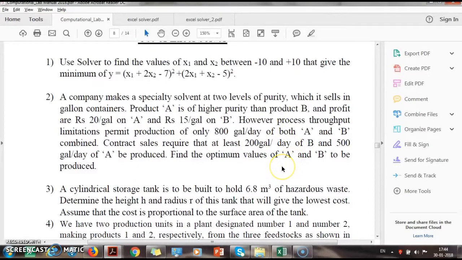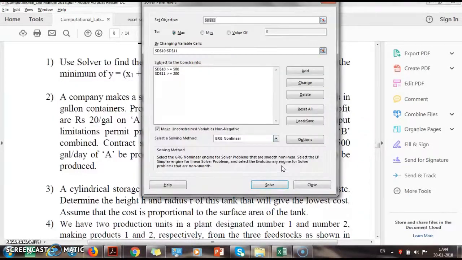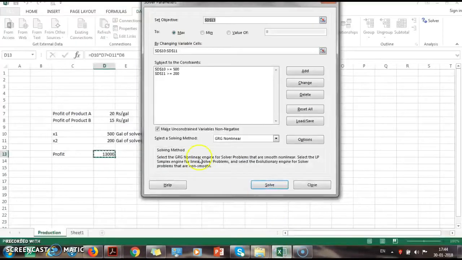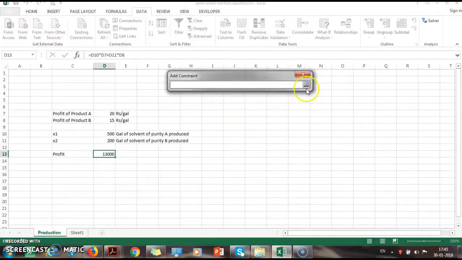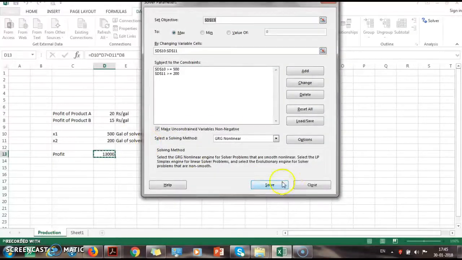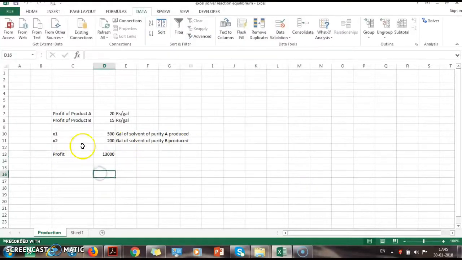They say that our process permits production of only 800 gallons. So we'll not go for less than that, but we'll try to have exactly equal to that. So we'll try to add that constraint. Before that, we'll have to first make a summation of these two, which goes for this plus this, and we'll try to get a constraint for that.